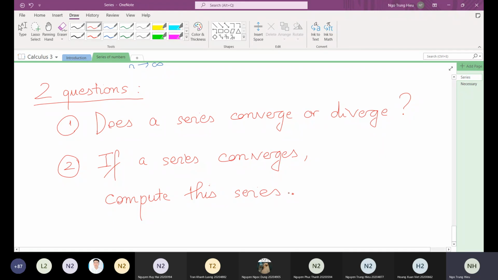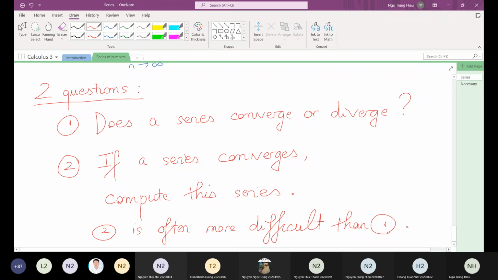So there are two questions, and more often the second question is often more difficult than the first question. Right? So we will try to answer these two questions in later sections, and we'll have many different methods to answer these questions.